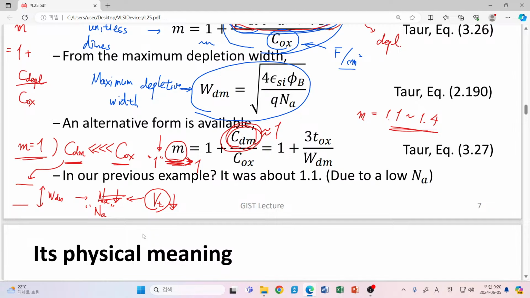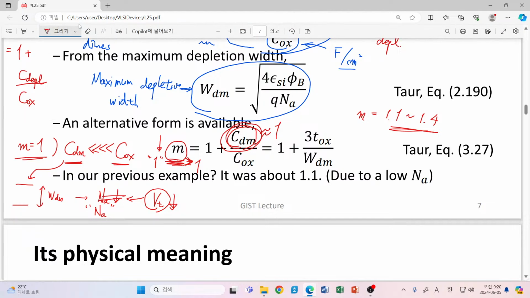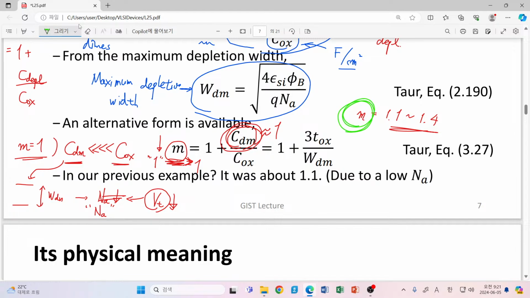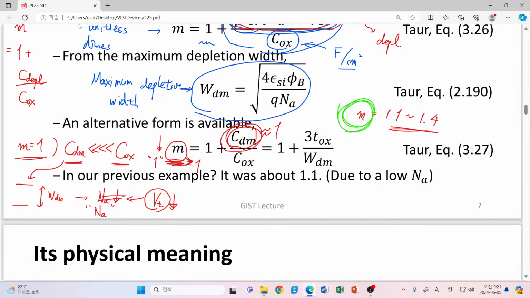So maybe some of you feel that why we have to care about this M value quite significantly. That will be quite obvious after some minutes. But this M value is directly related with the subthreshold slope. So once you understand this M is directly related to the subthreshold slope, then you wanted to keep it as low as possible. So please go to this one.